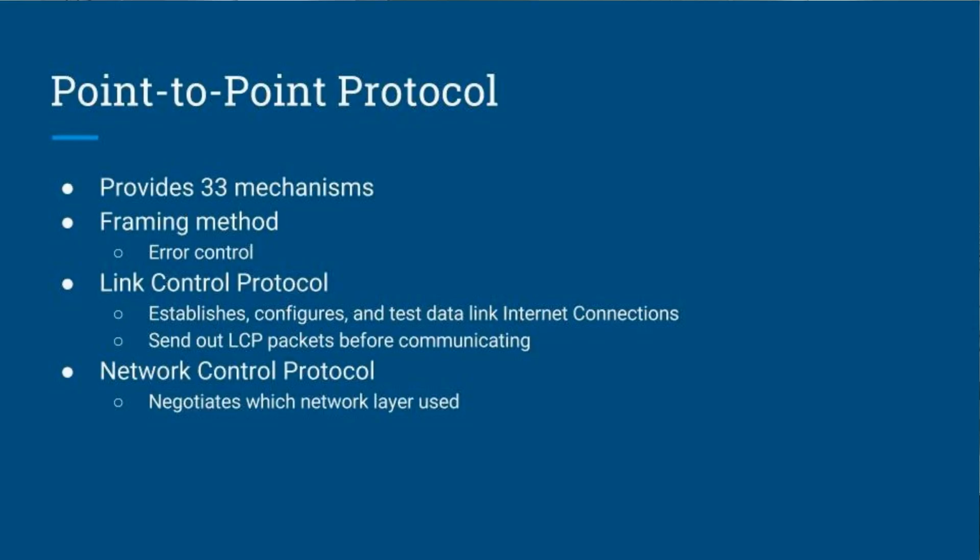So the link control protocol packets, or LCP, are sent out to make sure that the receiver could handle them and acknowledge them before communicating. And then the last mechanism goes hand in hand with the link control protocol method, which is the network control protocol. This will basically just negotiate which network layer is used.